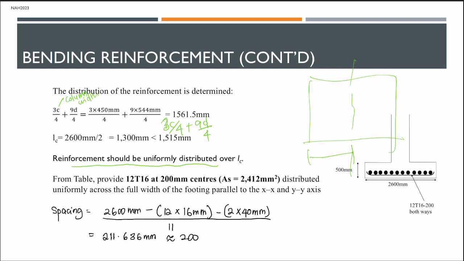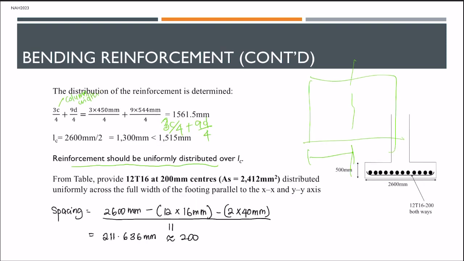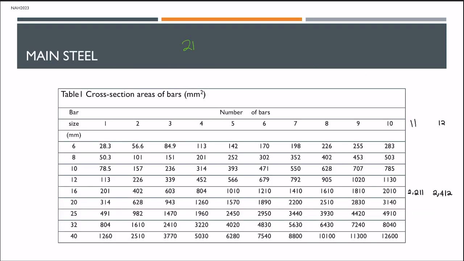So when it is uniformly distributed, we can look at how many bars we need, but we need the value of AS. So AS is according to the value we calculated before, 2121.967. Right, so this is the value.